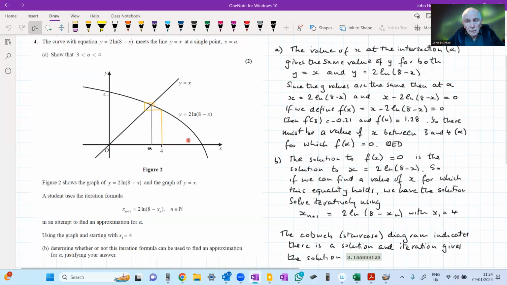Now, to solve any particular equation, we have different ways of forming the iterative formula, which you'll see in other videos, and some of those will converge and some will diverge. Obviously, we want the ones that converge, so there are a couple of things that we have to bear in mind when constructing that iterative formula.